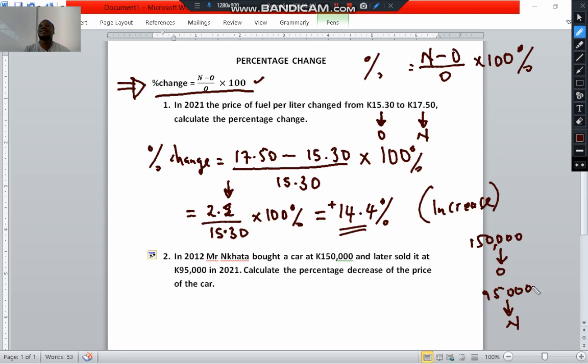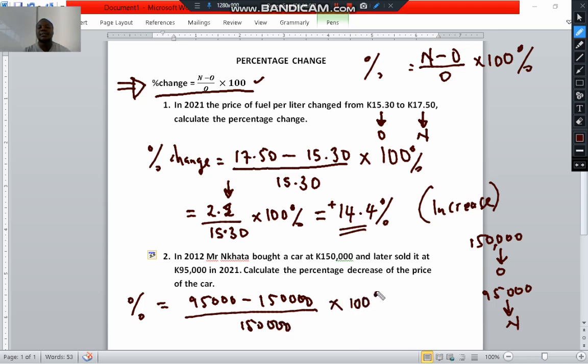Once we establish this, we substitute everything into our formula. So the percentage decrease is new, which is 95,000, take away the old price, which is 150,000, over the old price, 150,000, times 100%.